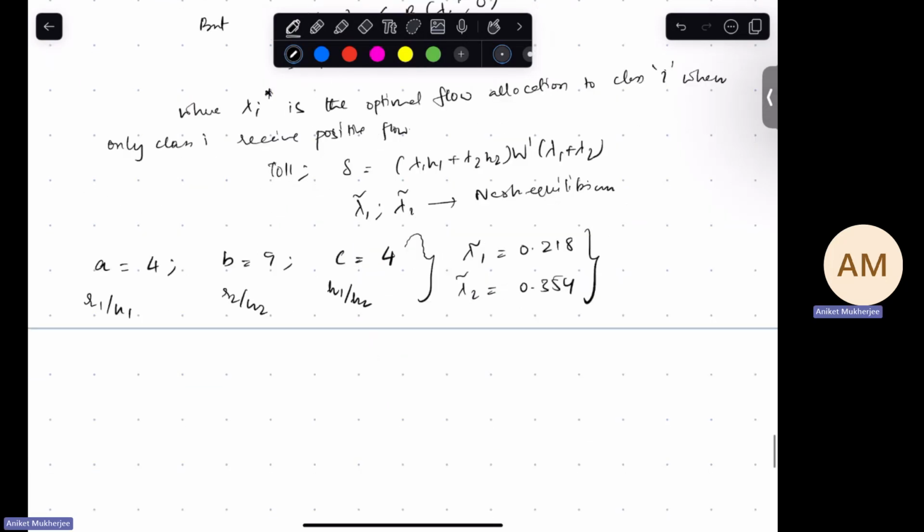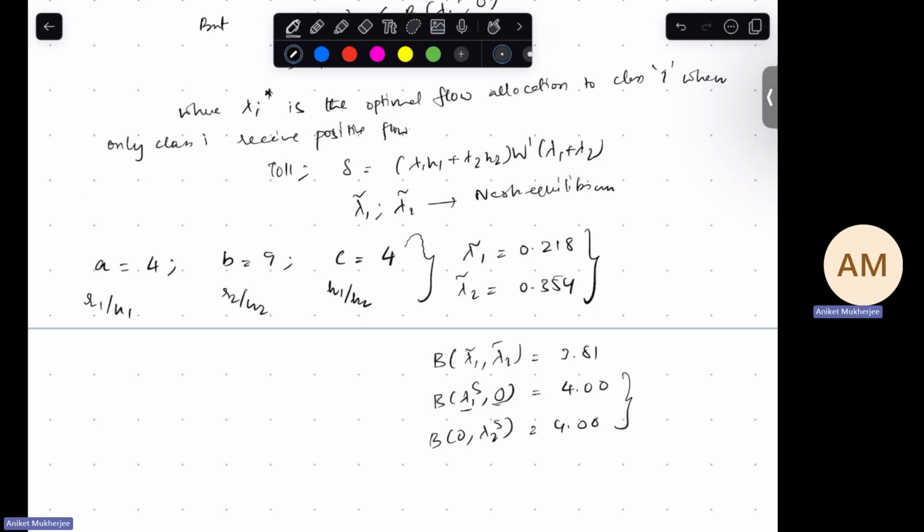And if you put this in the cost function, B of lambda 1 tilde, lambda 2 tilde is 3.81. But if you do the socially optimal flow for the first class and nothing for the second, then you get 4. And similarly, B of 0 comma lambda 2 star is 4. So basically, doing nothing for one class and the optimal for the other is better than the interior point that we found from the first order conditions.